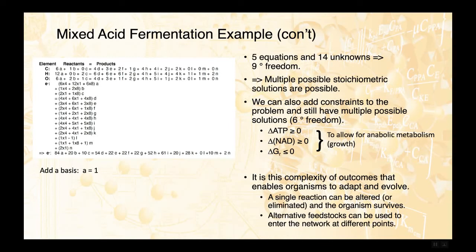The third constraint is one that comes out of basic thermodynamics. The free energy of the reaction must be negative. Now, it's the free energy of the reaction from the point of view of the environment.